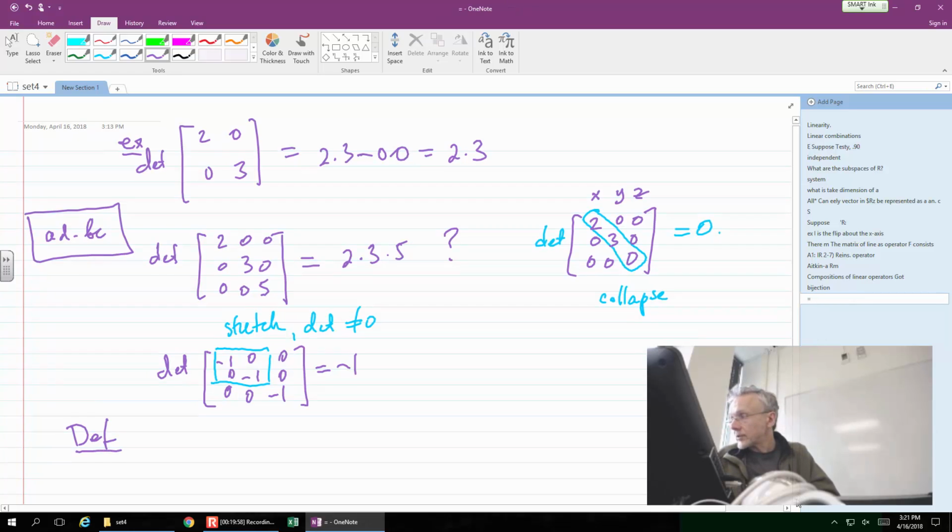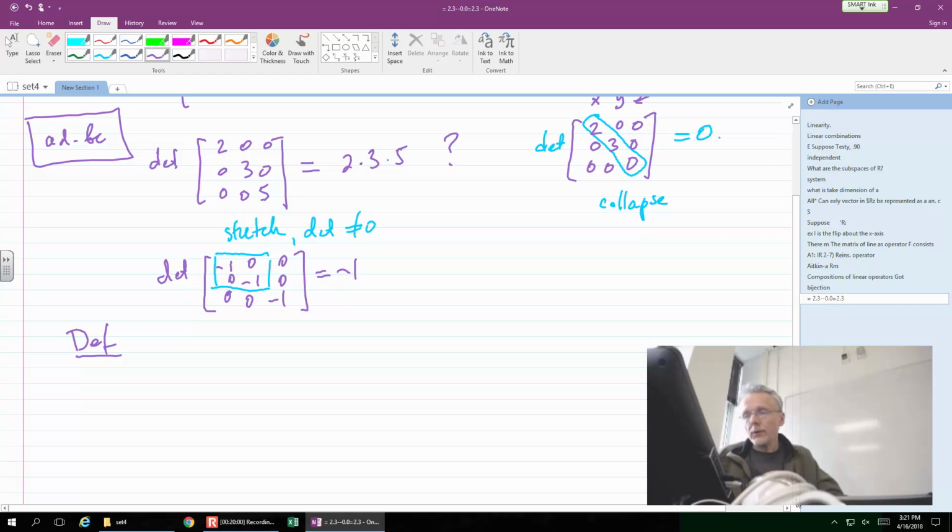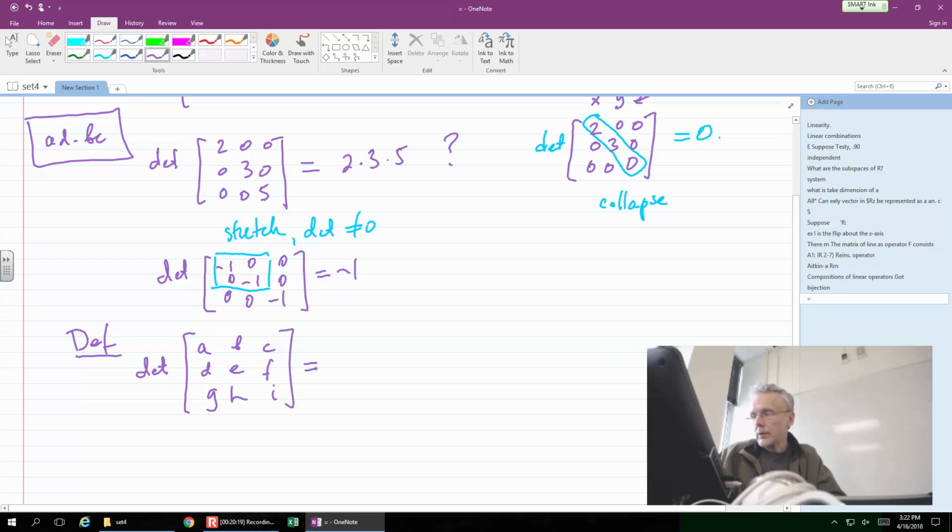So it is expressed in terms of, if you've taken Calc 3, you know the answer, but here it goes. If I have my matrix A, B, C, D, E, F, G, H, I, and I want to compute its determinant, I go along the row or the column like this.